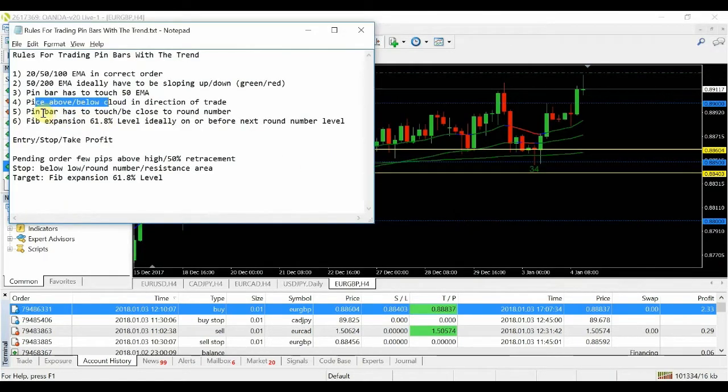I want price to be touching the 50 EMA at a minimum. Talked about the cloud. Now I think this is the most important one, if I'm really honest, and we'll find out in the future. And again, I'll be recording every single pin bar that I trade. Win, lose. Don't think there is a draw. You can't really draw, so I'm not breaking even or moving my stop loss. Pin bar has touched or is close to a round number.